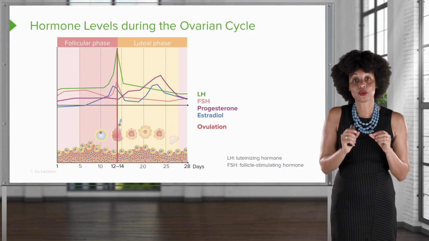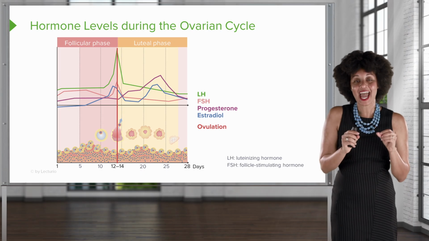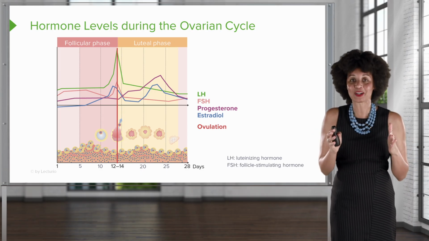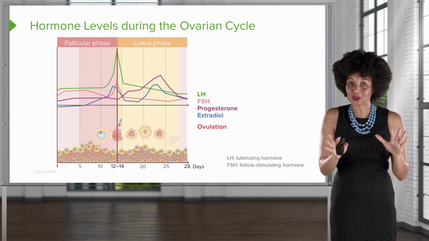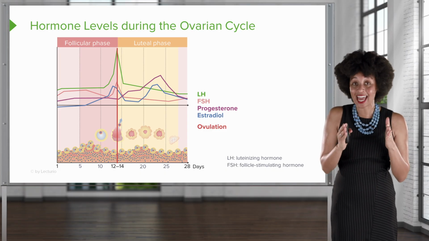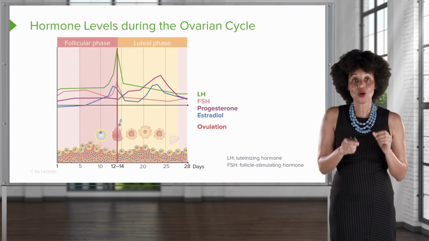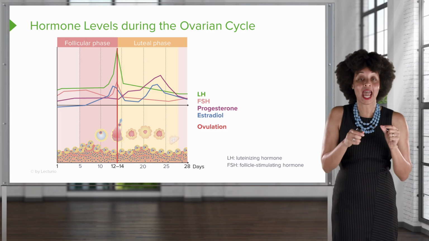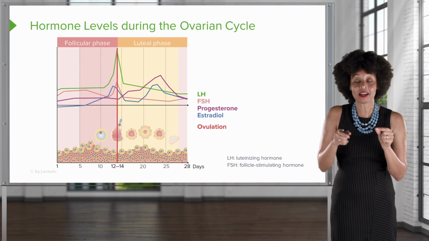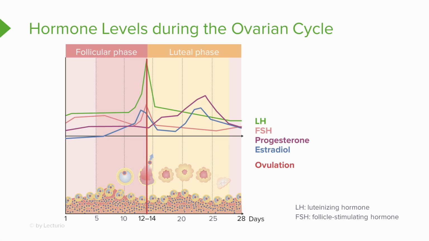Let's look at the final hormone, estradiol. And it's not the least important because we talked about it last, so don't get it confused. So estradiol, again, is a type of estrogen. And I want you to look at where it is on the graph and how it changes over the course of the cycle. So at the beginning of the follicular phase, we see that estradiol levels are low.